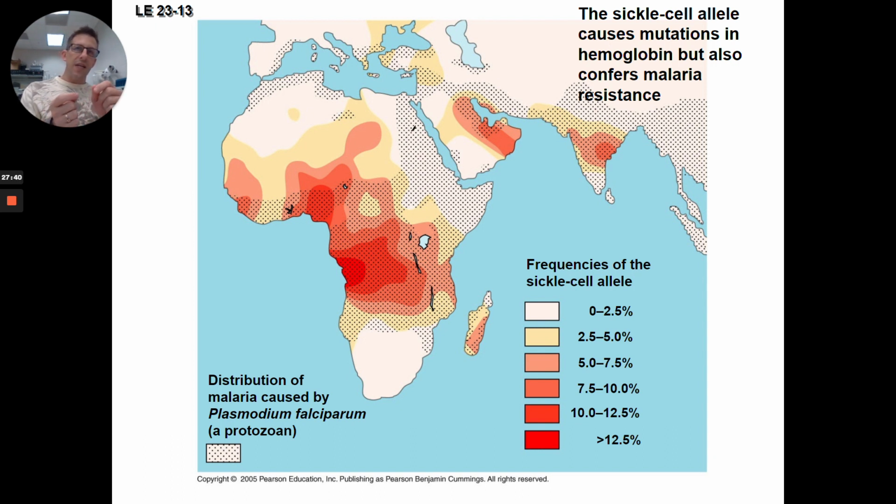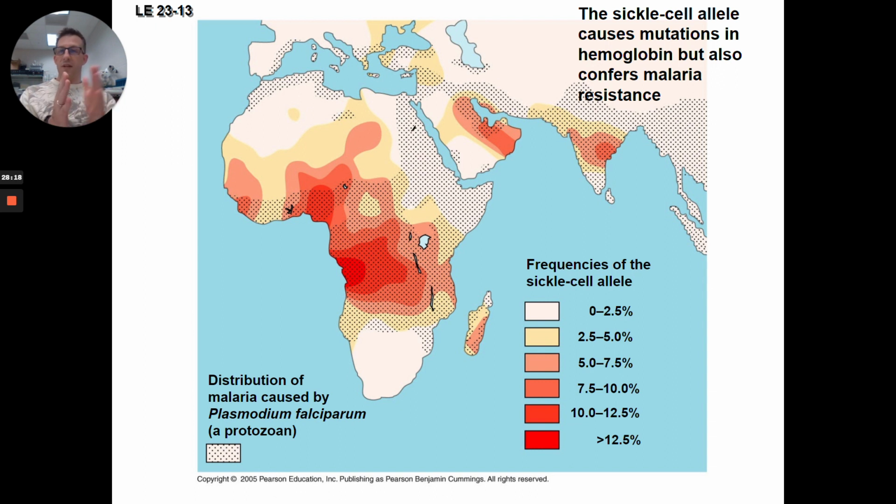But something in that heterozygous state, the fact that they get that single copy of the recessive allele, causes the blood cells to be changed ever so slightly to the point where malaria does not like to infect the bloodstream of that particular type, okay? So you can get malaria as somebody who's heterozygous, but it wouldn't be really, really bad.